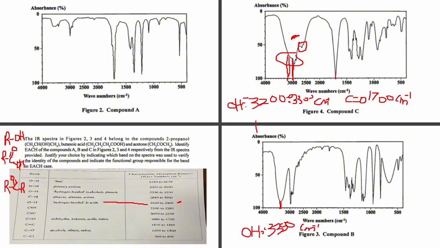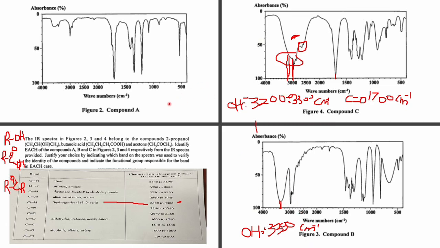You will also see the presence of your carbon to hydrogen peak here, but that doesn't let us know that this is an alcohol. The presence of that OH bonding within your alcohol lets us know it's an alcohol.